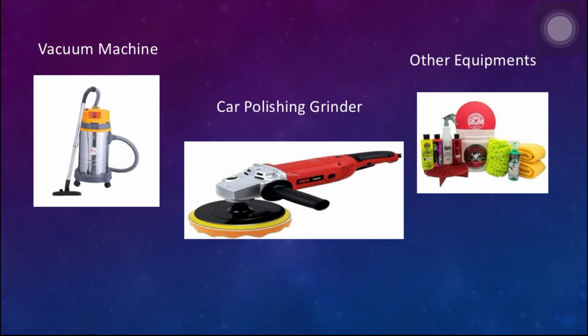And then the last one is other equipment, which is used for remaining processes like drying and tire waxing. It includes other small equipment and chemical containers such as automotive soap, tire waxing chemicals, microfiber towels and other chemicals.